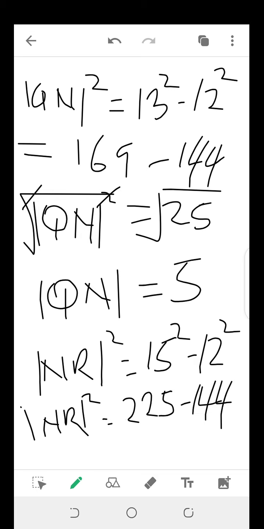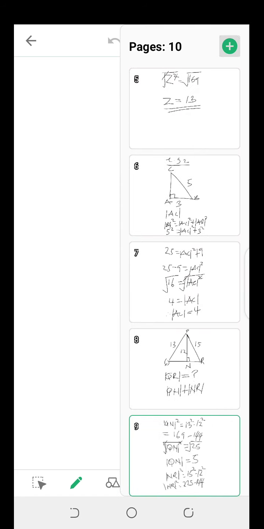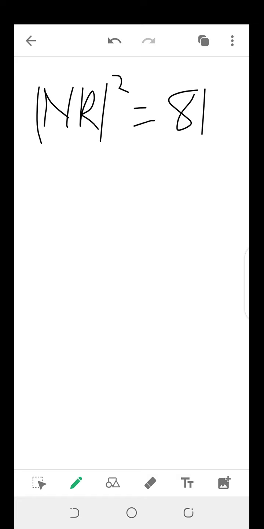So we have our NR square should be equal to, when we subtract 144 from 225, 81. So NR square equals 81.